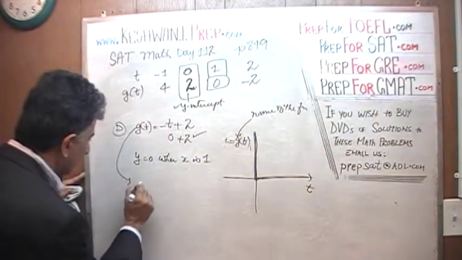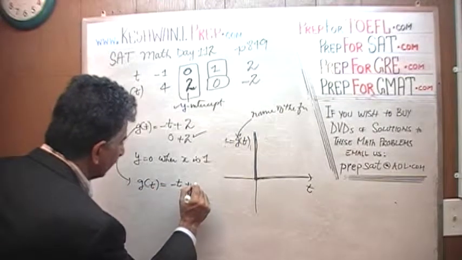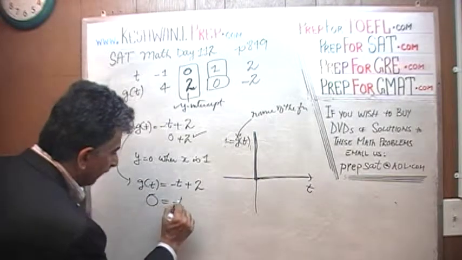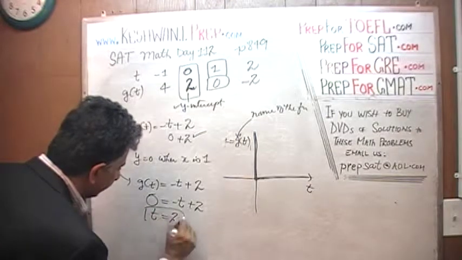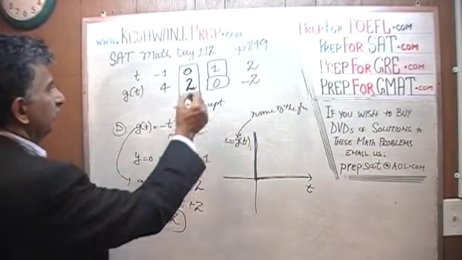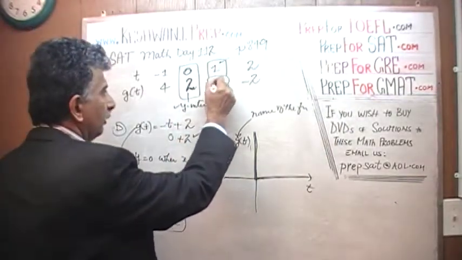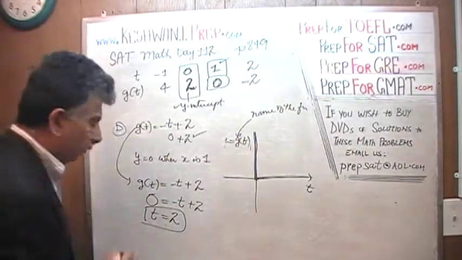So here is our function. G of t equals negative t plus 2. Now, if we set this equation equal to 0, negative t plus 2, t equals 2. This says t equals 2. But t does not equal 2. T equals 1 at that point. When y is equal to 0, according to the values given to us, t equals 1, not 2.